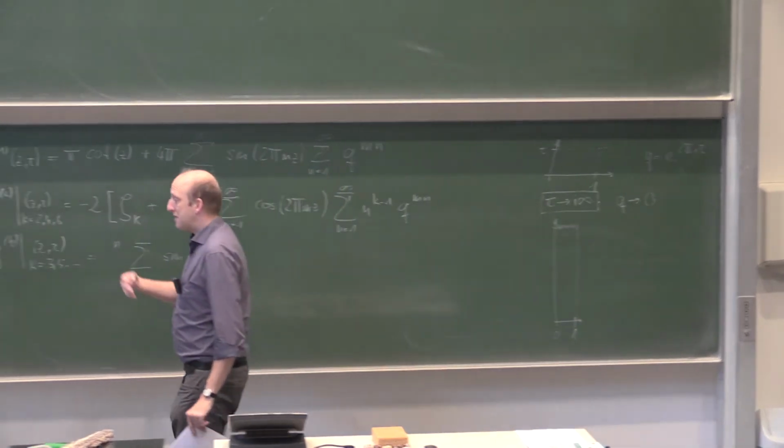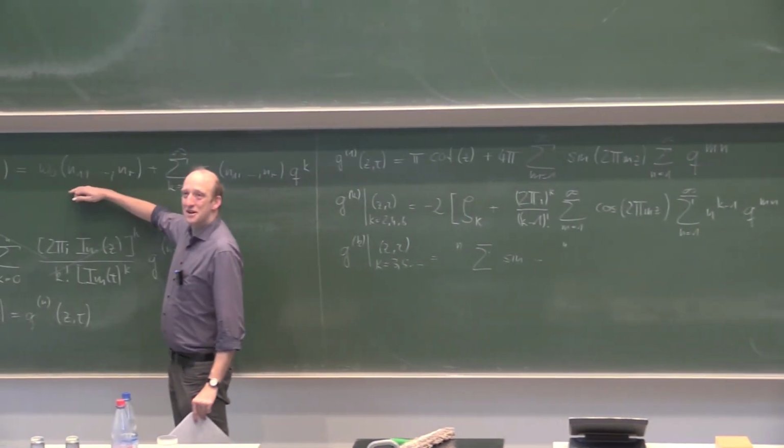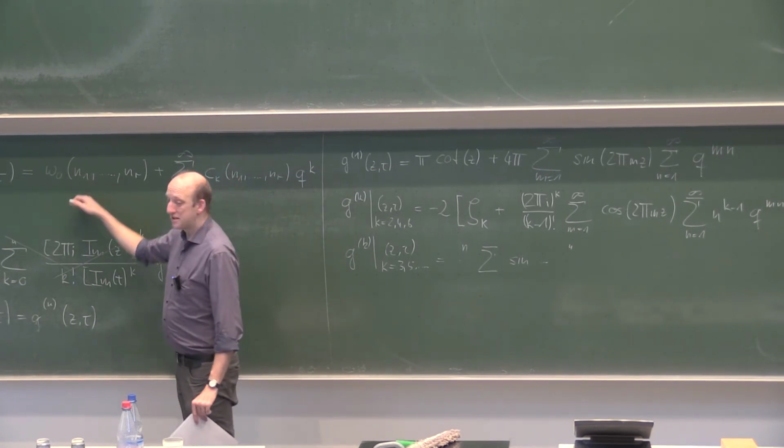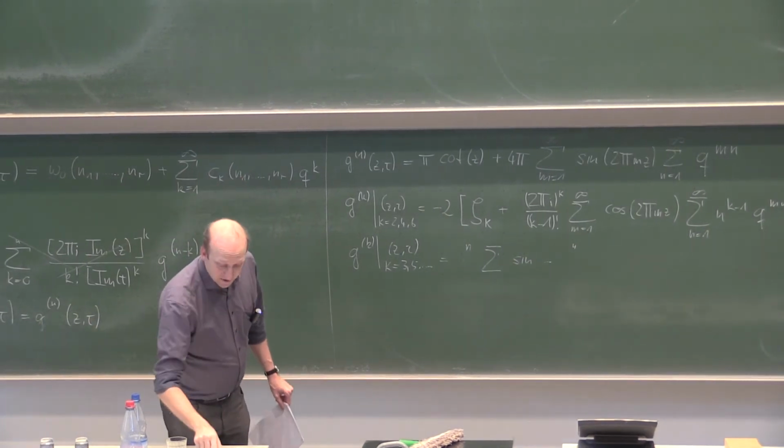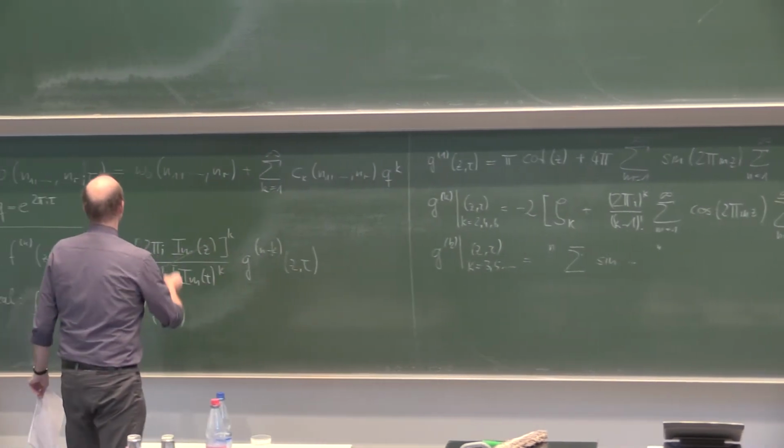And because this generating series contains only multiple zeta values, one can prove that all these constant terms are usual multiple zeta values.